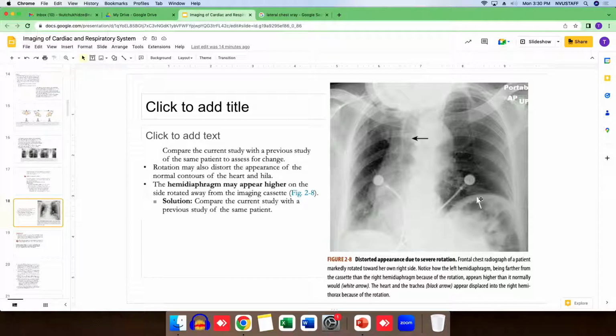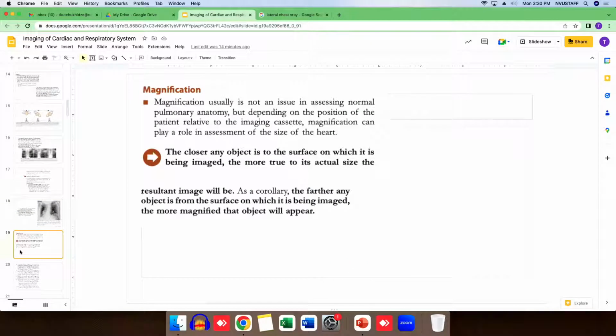This hemidiaphragm is also in an upright position because of that, and the heart is not in the normal location, right? It is on the right side of the chest, and it should be on the left side. So that's why we can say that it is severely disoriented, and orientation is really altered. Questions regarding this?